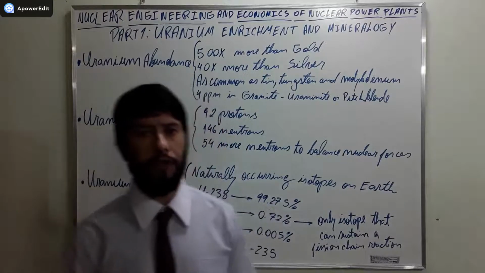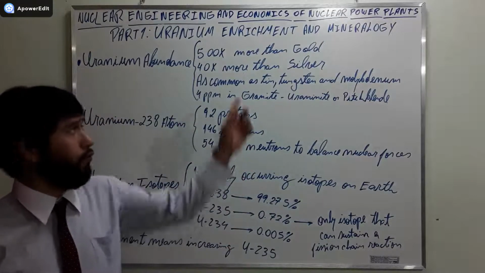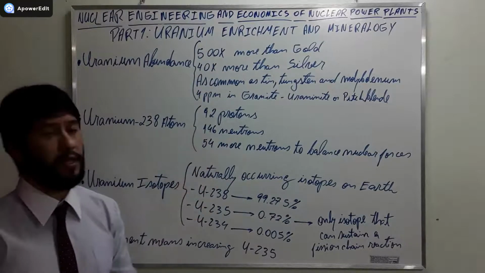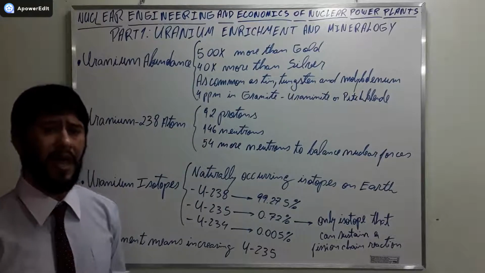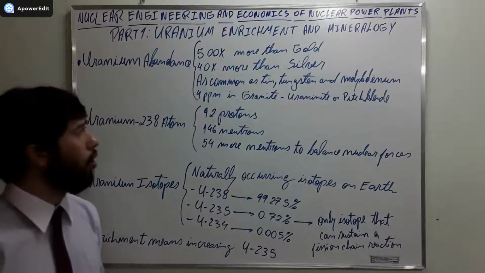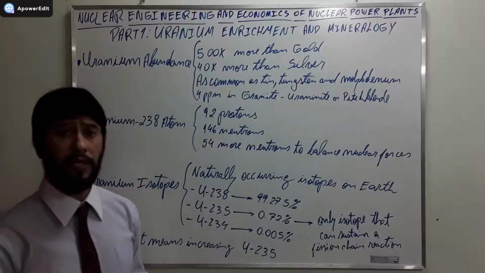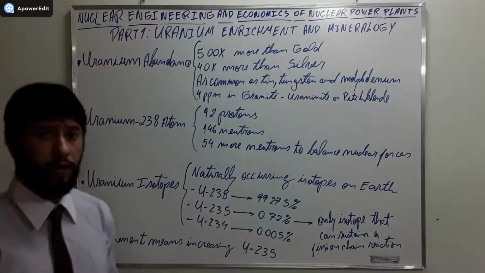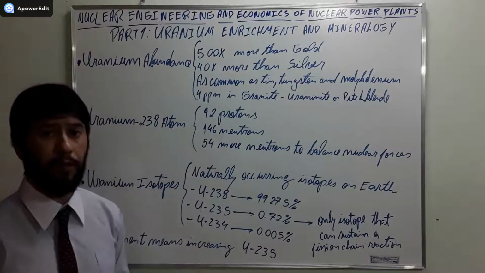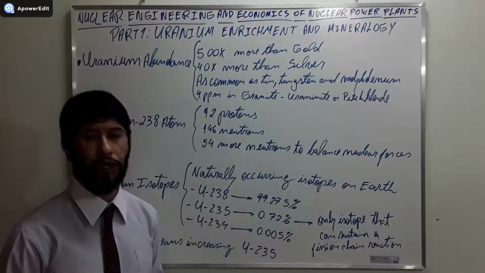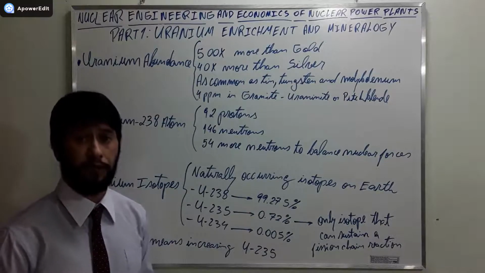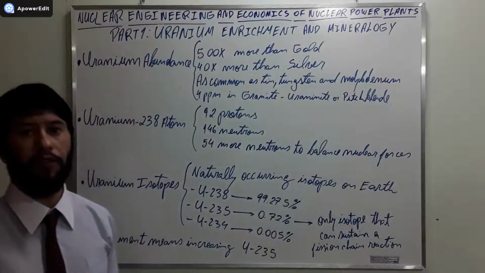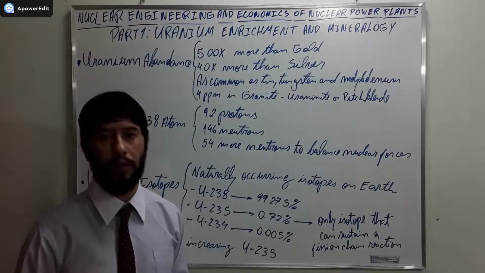In the Earth's crust, uranium is 500 times more abundant than gold, 40 times more abundant than silver, and about as common as tin, tungsten, and molybdenum. Uranium occurs in 4 parts per million in granite, which makes up 60% of the Earth's crust. Uraninite or pitchblende is the most common uranium mineral.